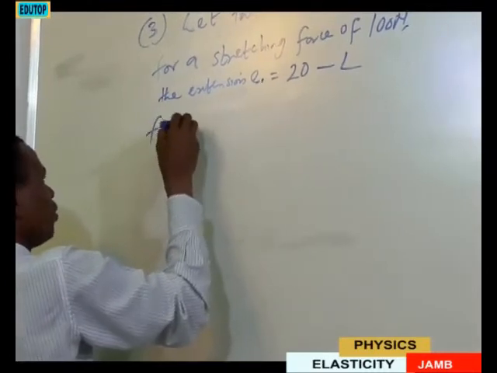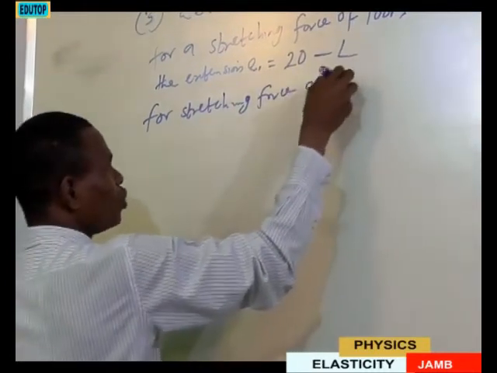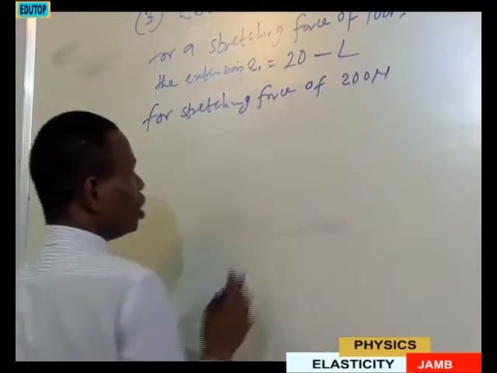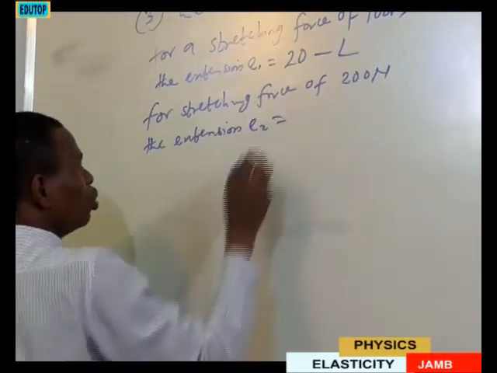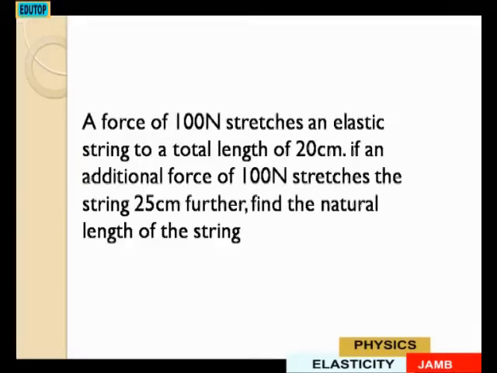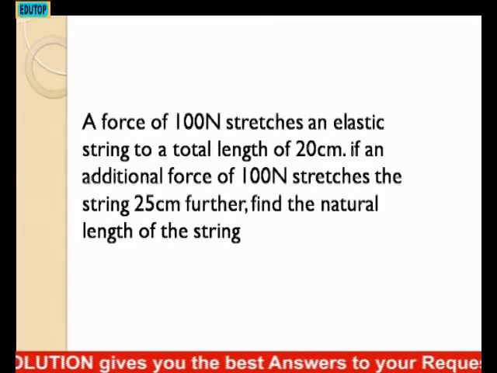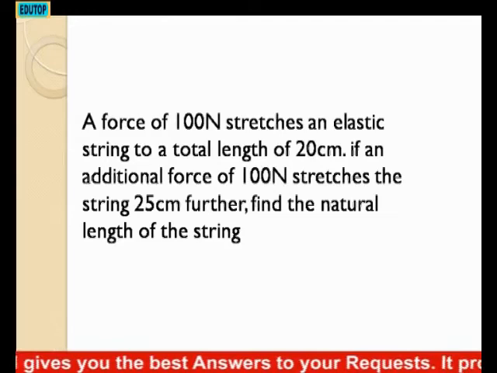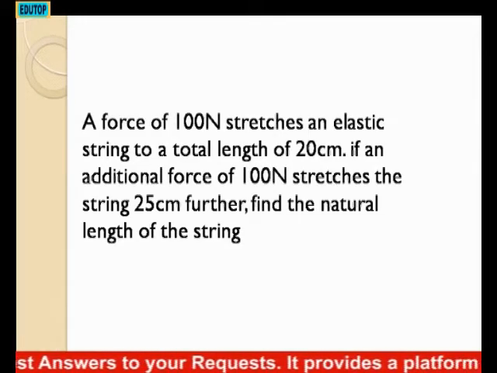For a stretching force of 200 Newton, the extension, call it E2. We are also given the total length for that, and the total length is 25 centimeter. We are told that an additional force of 200 Newton hang on it.